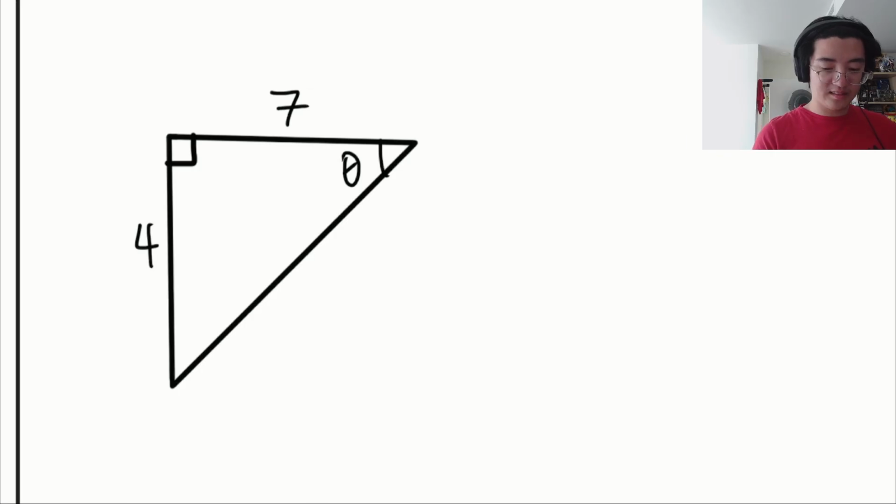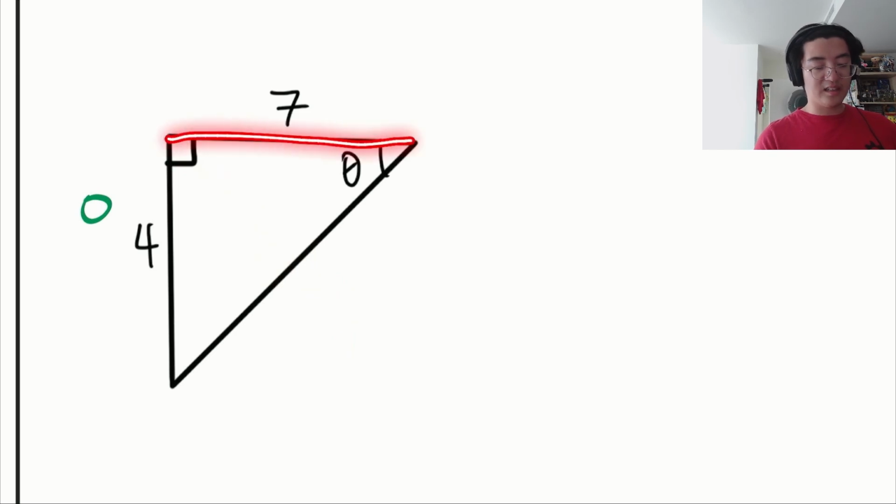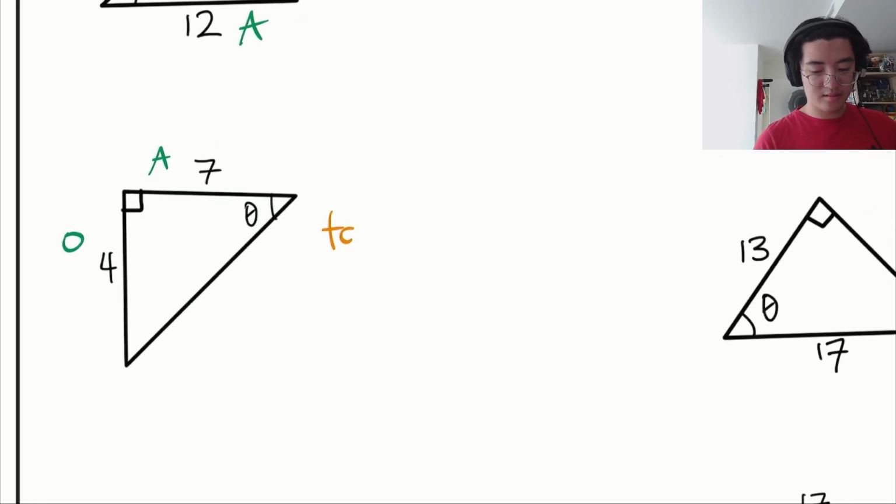Okay, let's get going. So we have the angle here. Across from that is the opposite. We know that this right here is the hypotenuse. This other line that touches this angle is the adjacent. So we use tangent, of course the inverse of that, and that's opposite over adjacent.